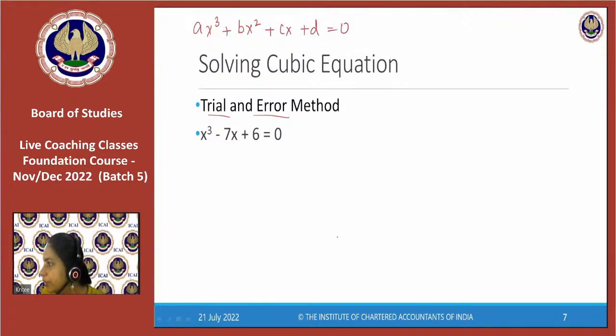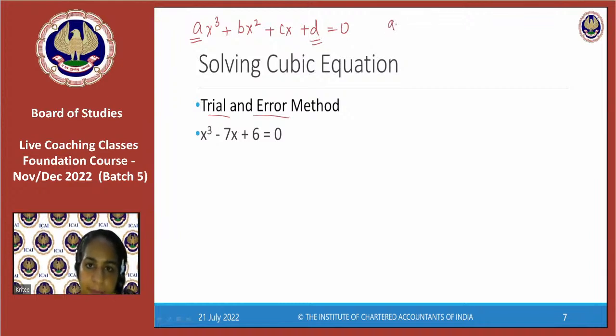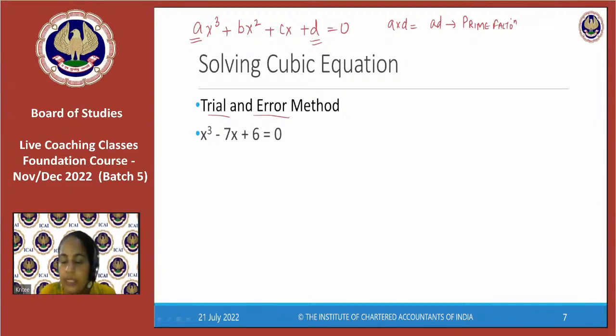What you will be doing here is take the coefficient of x cube and the constant, multiply them. You get some product. Take the prime factorization of the product. Till here, everything is same.